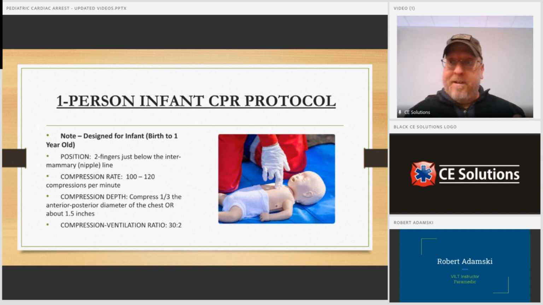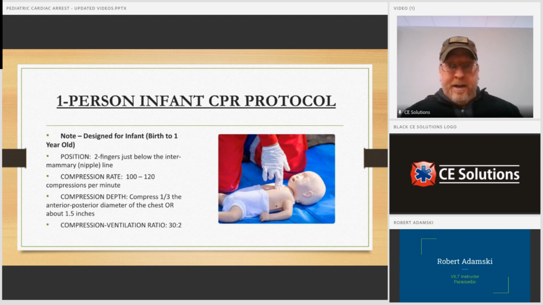Now, the depth does change. How far you push with your fingers or your hand does change. So with one person infant CPR, you're going to compress 1/3 the anterior posterior diameter of the chest, or about an inch and a half. Okay.